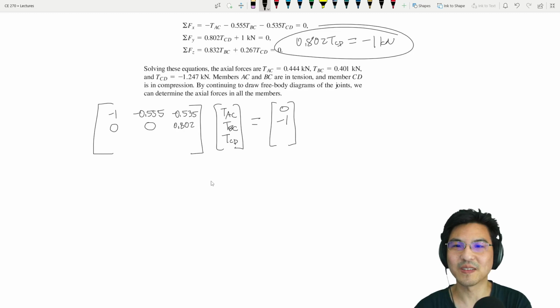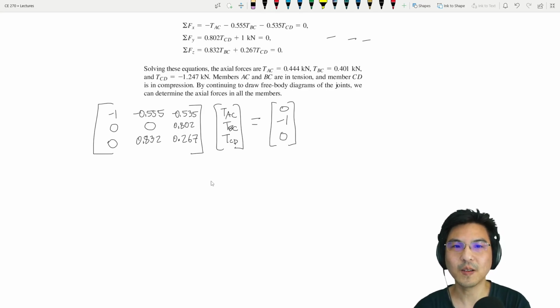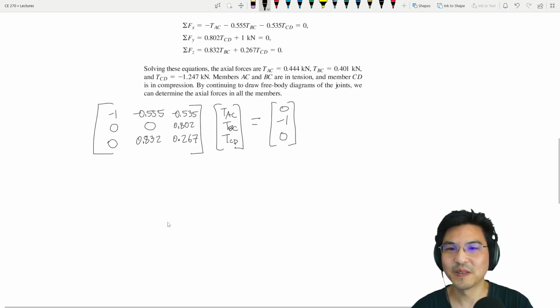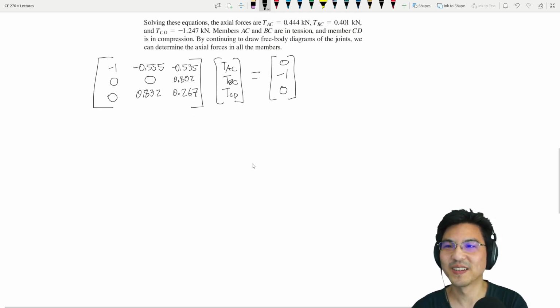Okay, now third equation, this one, there's no TAC, so 0 TAC plus 0.832 TBC plus 0.267 TCD equals 0. Okay, now this is the one. This is what you feed to the computer.